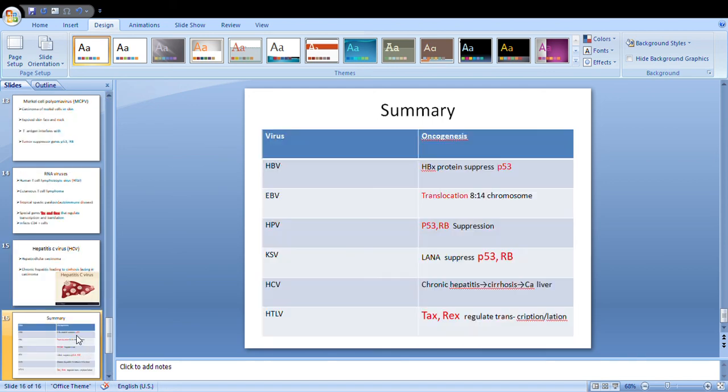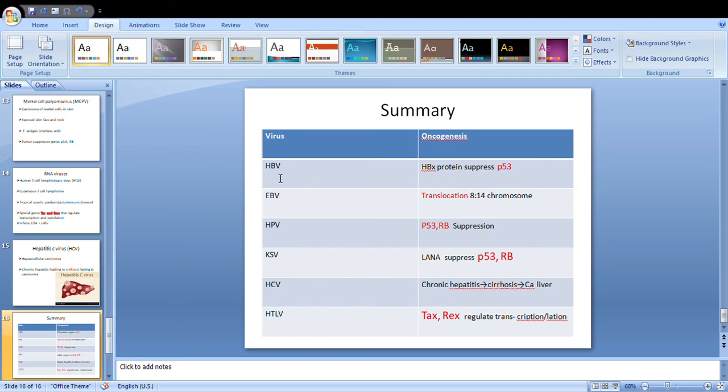Let us see this table which summarizes these oncogenic viruses and the way by which they cause oncogenesis. Look at these different viruses.